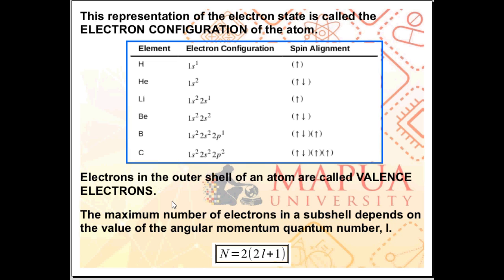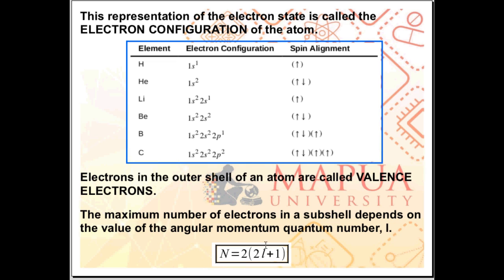The maximum number of electrons in a subshell depends on the value of the angular momentum quantum number L, since L denotes the subshell. The maximum number of electrons in a subshell, capital N, is equal to 2 times (2L plus 1). For instance, say L is equal to 1.